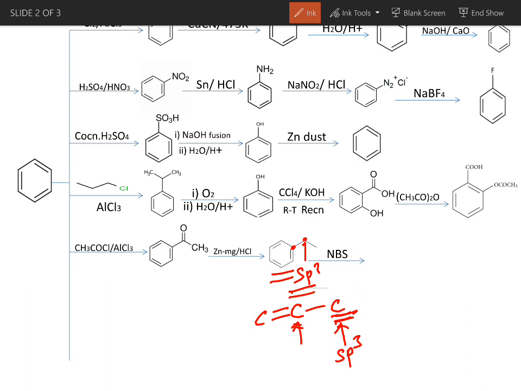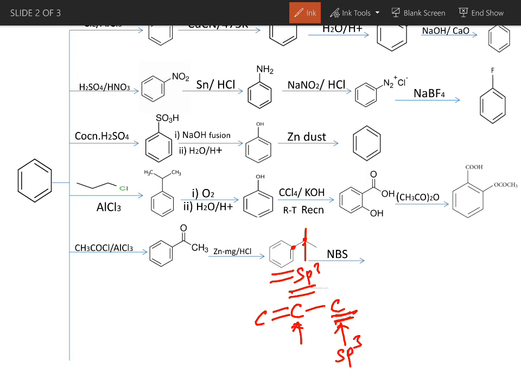In this case, this carbon is called benzylic carbon. So a double bonded adjacent carbon with sp3 hybridization is known as allylic carbon, and here it is acting as benzylic carbon. NBS is used for bromination at allylic or benzylic position.